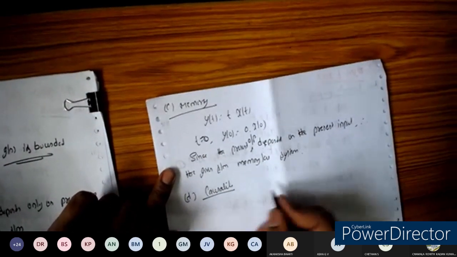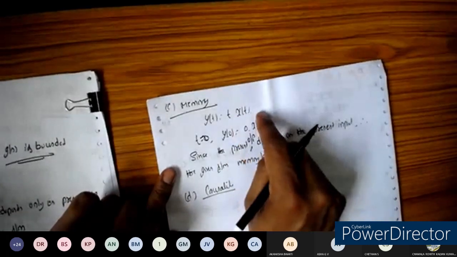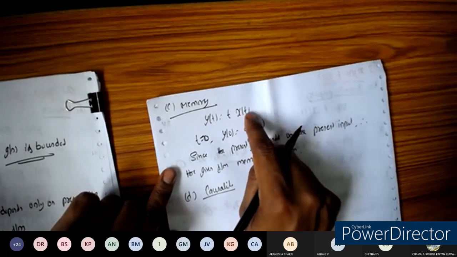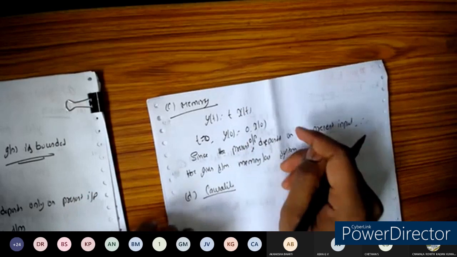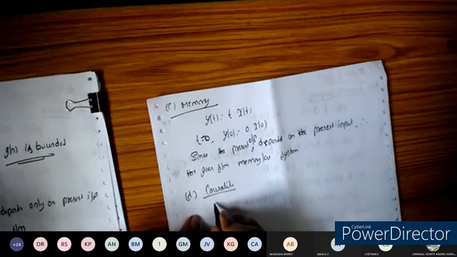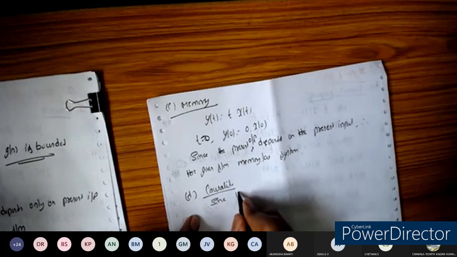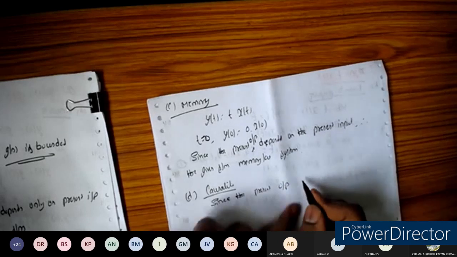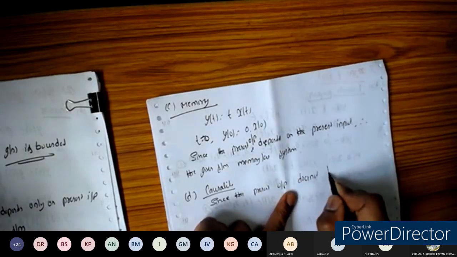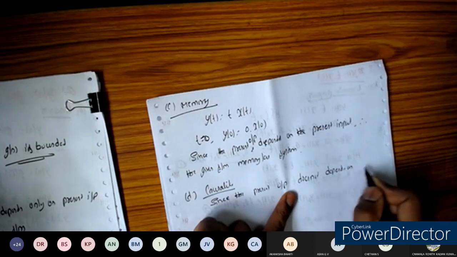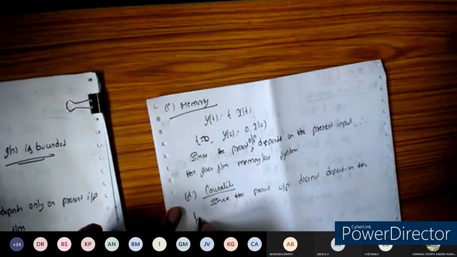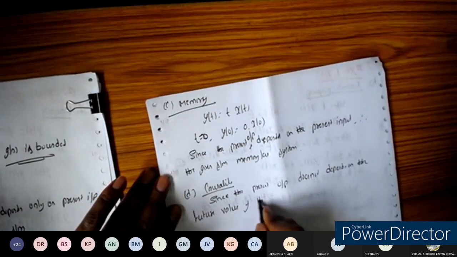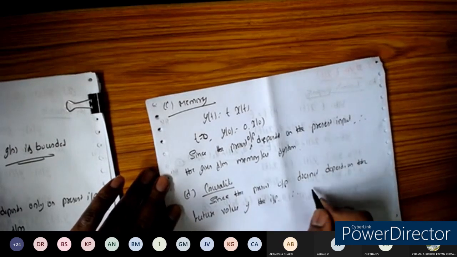So done. Next one is causality. Since the output depends only on the present value of the input, it does not depend on the past or future values of the input. So the given system is a causal system. Since the output does not depend on the future value of the input, therefore it's a causal system.